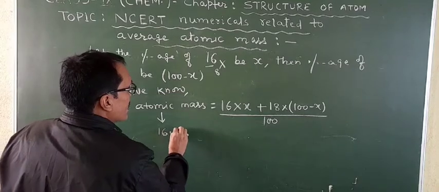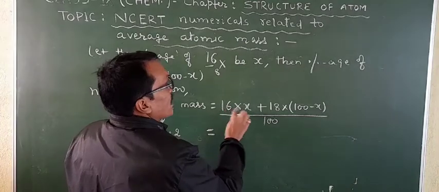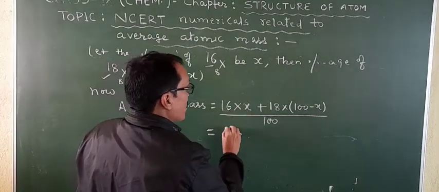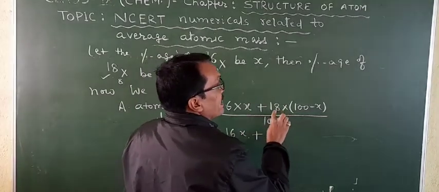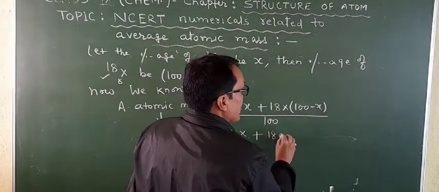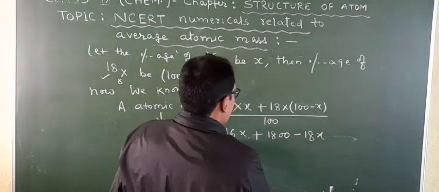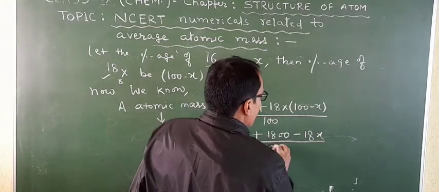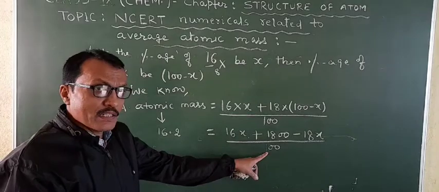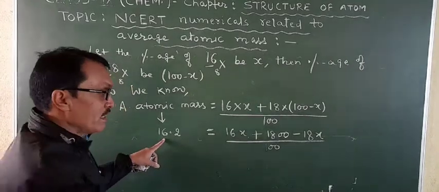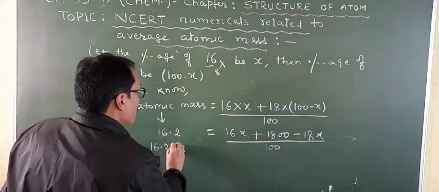So we write here 16.2 equal to, now you have to multiply 16 by x, so 16x, plus you multiply 18 by 100, so 1800 minus 18x, divided by 100. Now students, this 100 if you bring to this side, it will be multiplied by 16.2.